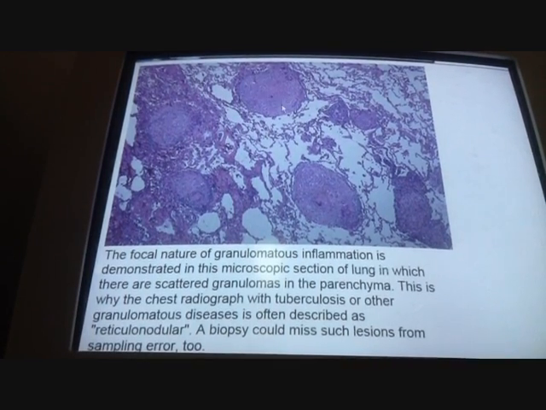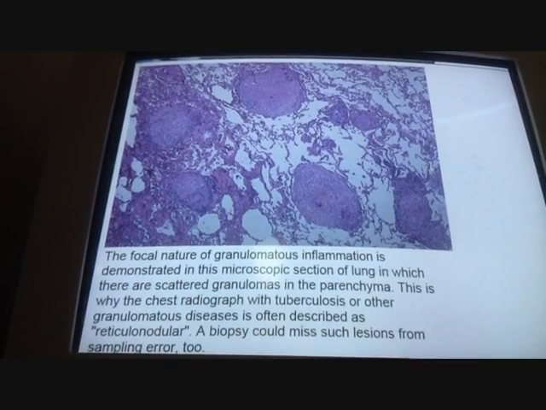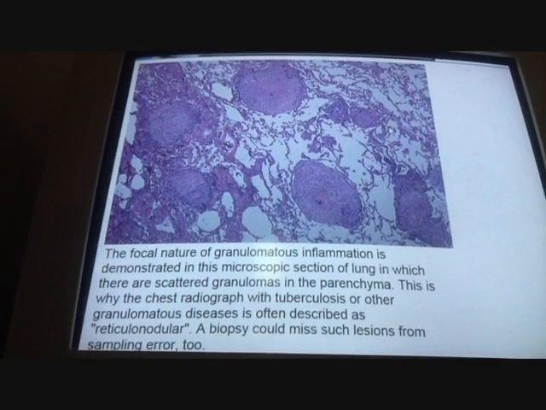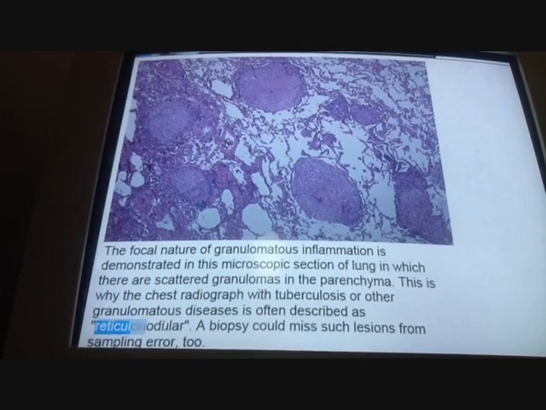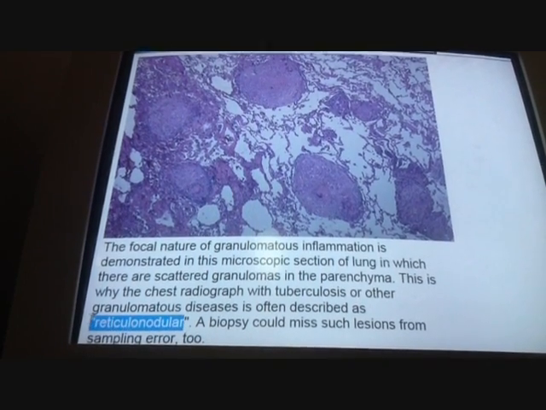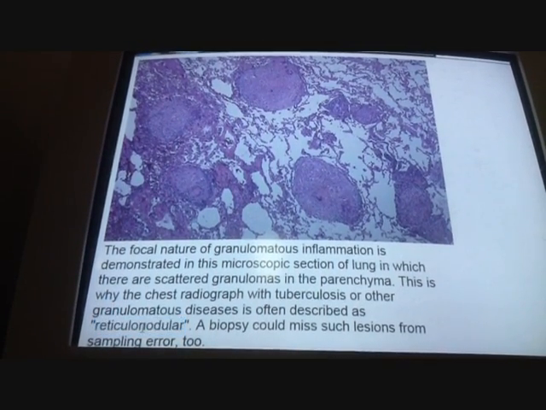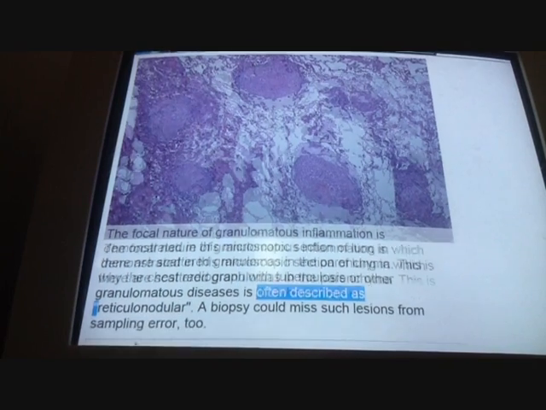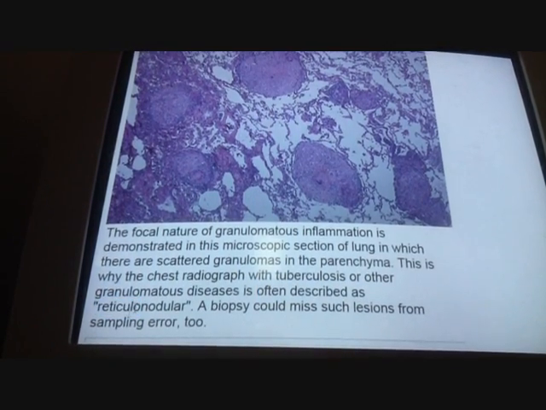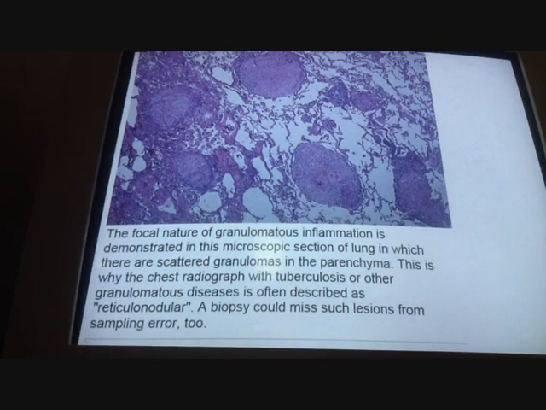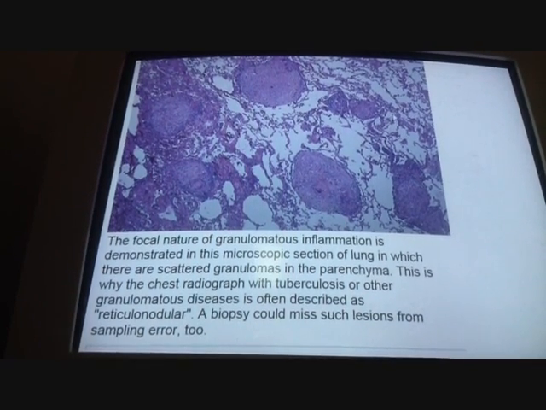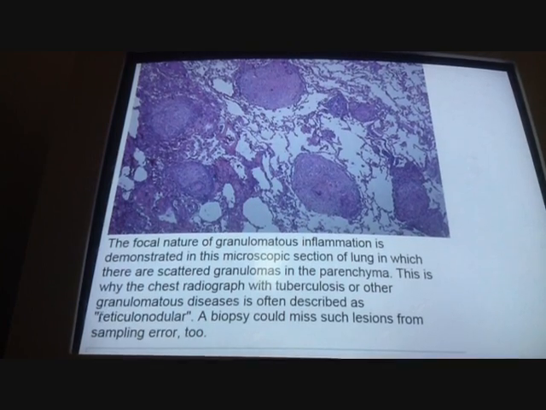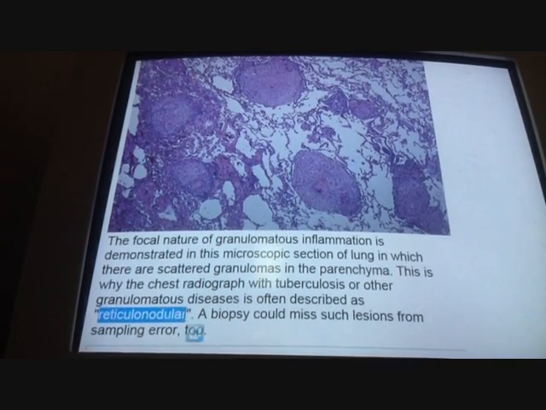So if you took an X-ray for this patient, it will be described as reticulonodular. The nodularity will be derived from those granulomas, but the reticular pattern will be derived from the air-filled spaces, which are the alveoli, normal alveoli filled with air. So this is the pattern they will see on images, reticulonodular pattern.